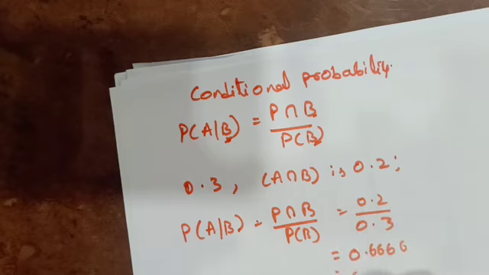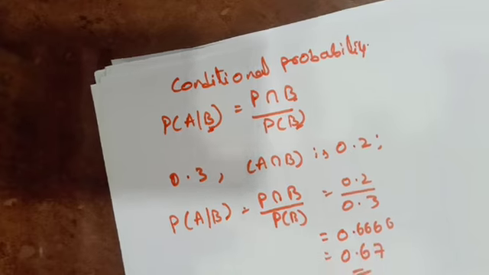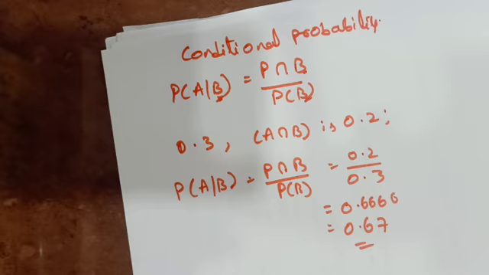I am simplifying it as 0.67. This is an example for conditional probability. So these are the things that you need to remember well. Thank you.